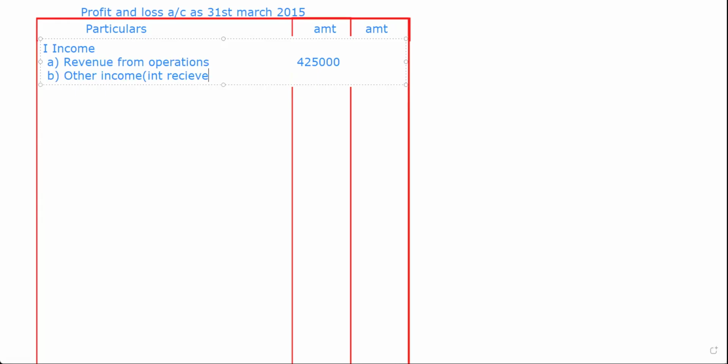So interest received was given, and that's what I'm taking here, which is 3,150. When I add these two things, 4,25,000 plus 3,150, I get 4,28,150.